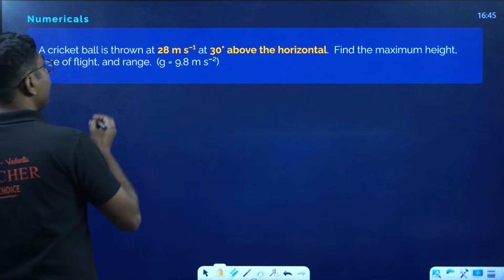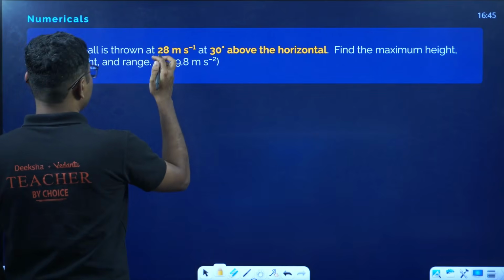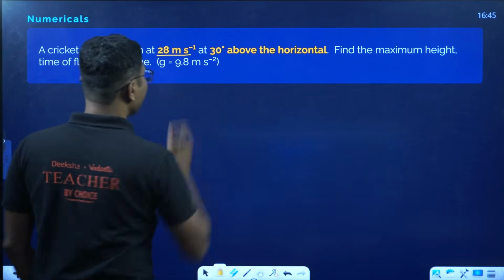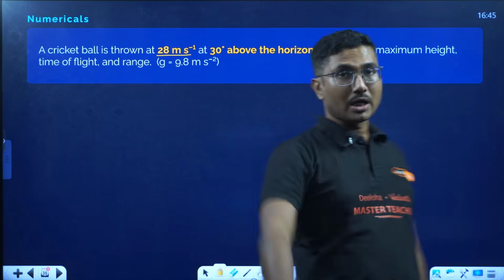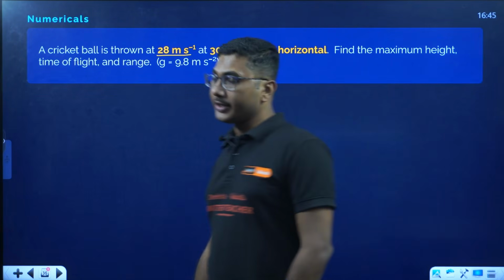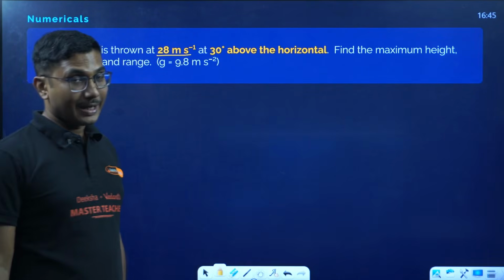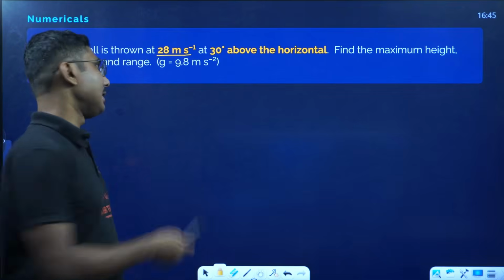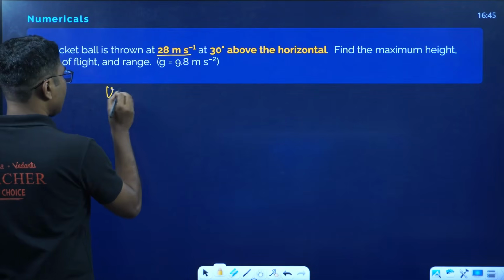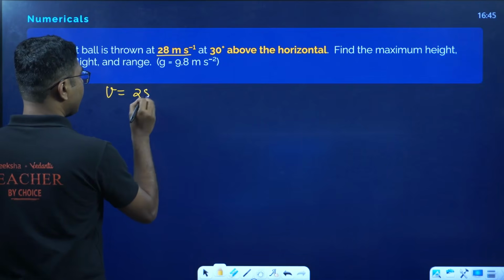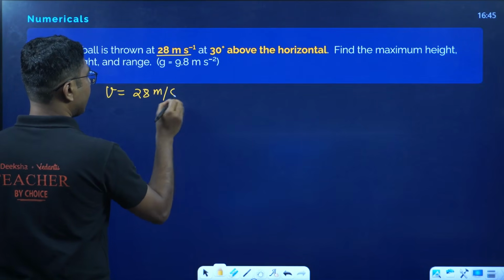The thing you need to note is that here the speed of the ball is 28 meters per second. So it is given in meters per second. In case it is given in kilometers per hour, you need to convert it into meters per second by multiplying by the 5 by 18 factor. But here it is not required. You can directly take the velocity as 28 meters per second.